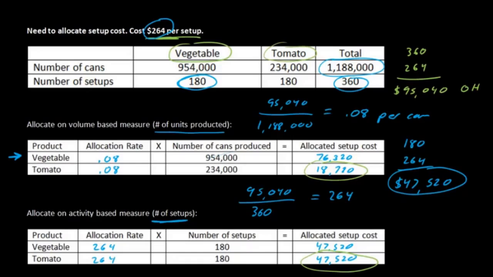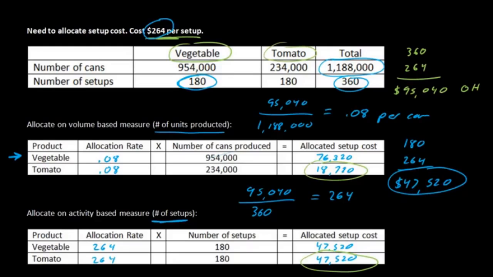When we allocate based on an activity-based measure like number of setups, you can see that the setup cost is actually 47,520. So in this case, if we use the activity-based measure, we'd say, hey, $40,000 to do all our setups, that's a pretty good deal. We'll take you up on it and then we'll save $7,520 instead.